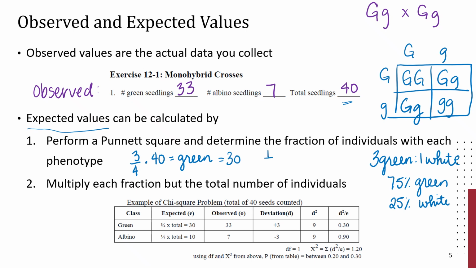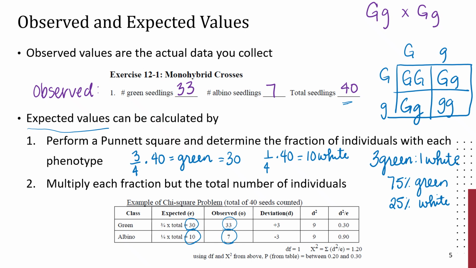And then we're going to calculate our white by multiplying 1/4, because 1/4 of them are going to be white, times our total number of 40, which means we are going to have 10 white. So if we put that into our chart, we expect 30 green, 10 white. We actually observe 33 green and 7 white.